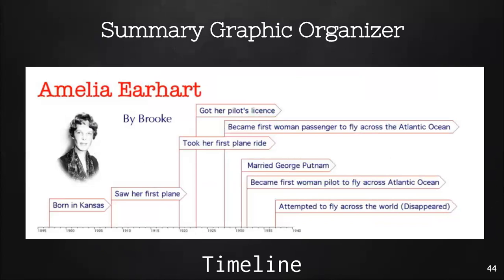They definitely had to go back to the text to be able to sort this out, to say, okay, what is the first thing that happened in her life, and what is the last thing we know of that happened in her life? They put those on the timeline and had to go back into the text and then sort out which are the important ideas and in what order did they happen. This really enabled them to do it right, and they actually wrote a multiple paragraph essay about this.